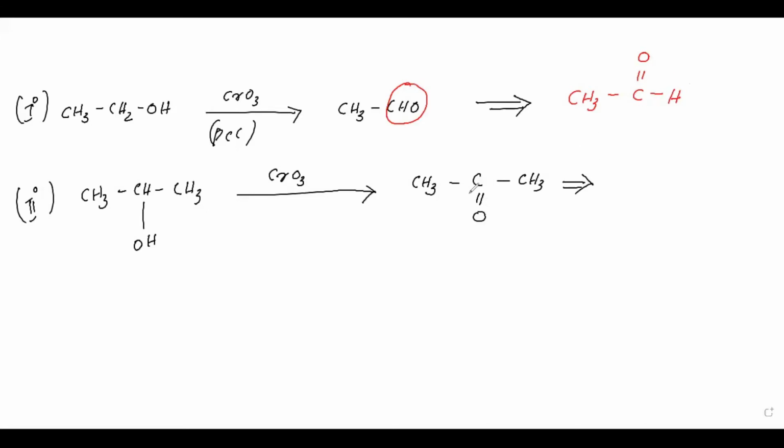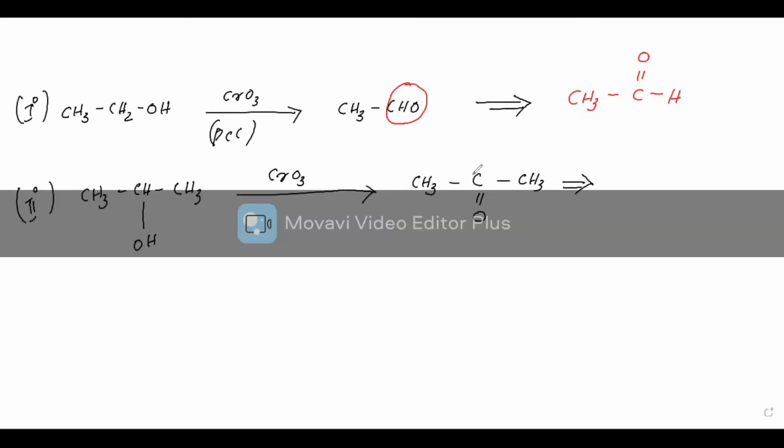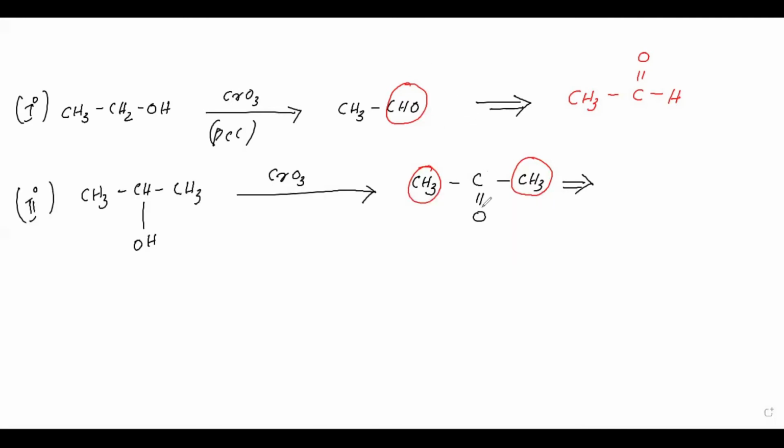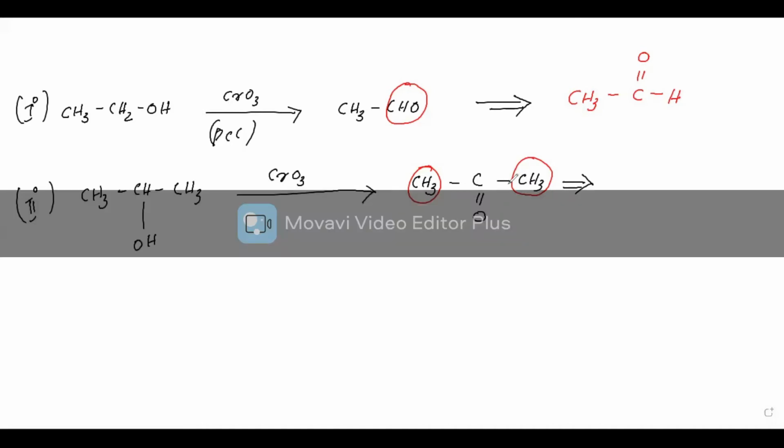And for the ketone, the left side and right side of the C double bond O are bonded by alkyl groups. Clear?